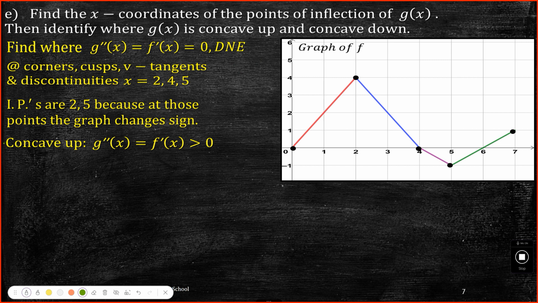So where is it concave up? From 0 to 2, and where else? 5 to 7, because the slope of this is positive. g double prime of x is equal to f prime of x, greater than 0. So from 0 to 2, and 5 to 7.